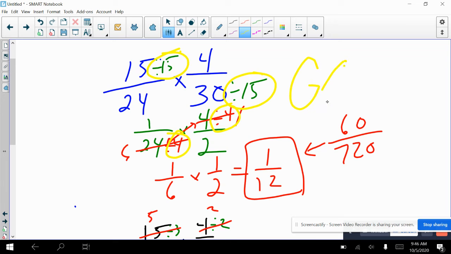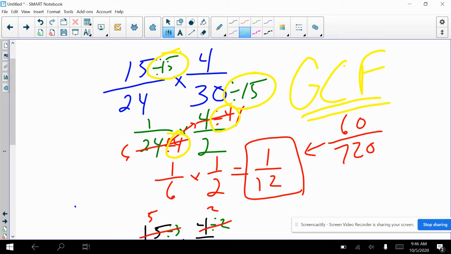Something called a GCF. You know what GCF stands for? Greatest common factor. If you divide by the greatest common factor, meaning the largest number that goes into the two numbers that you're dividing, you won't have to simplify your answer.